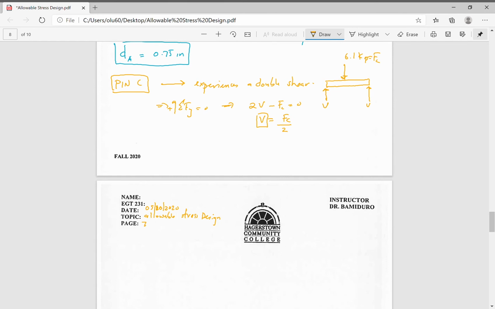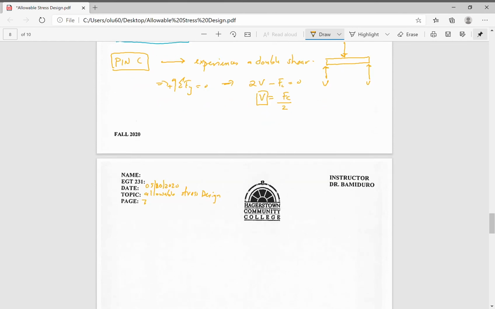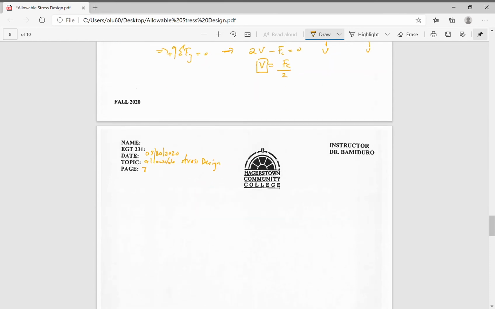So now, what we're going to do is move forward in finding out the diameter for pin C, which experiences a double shear. We found that our tau allowable, from the previous example, is 8 ksi.